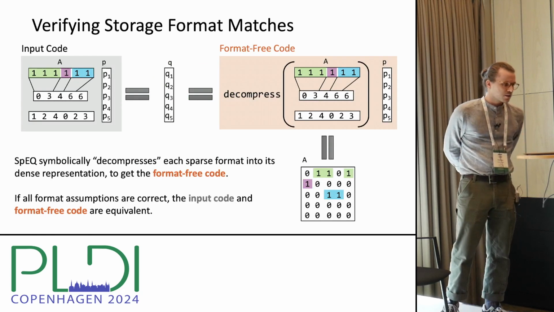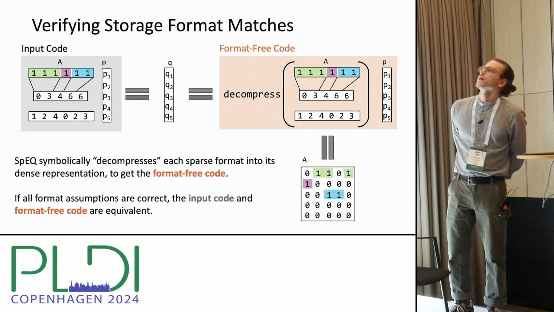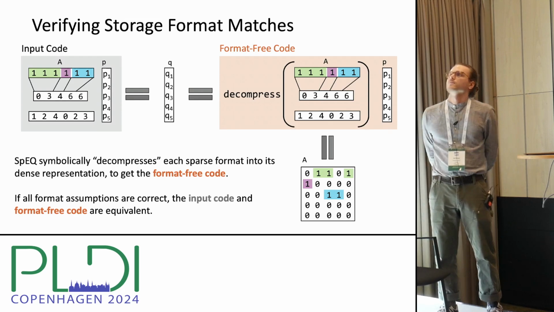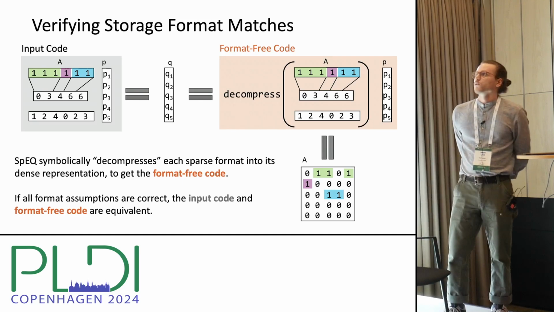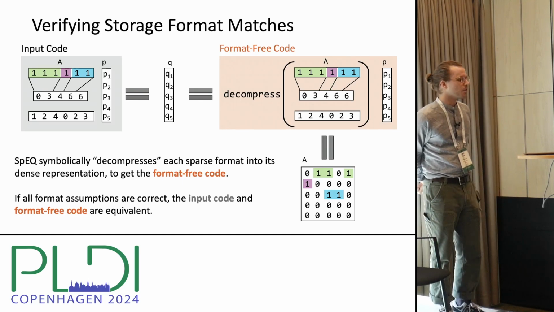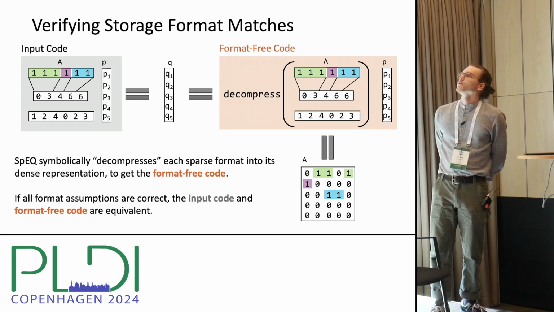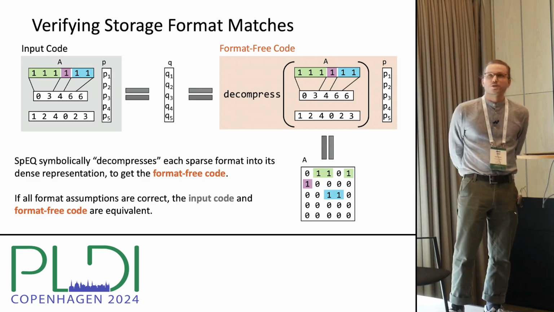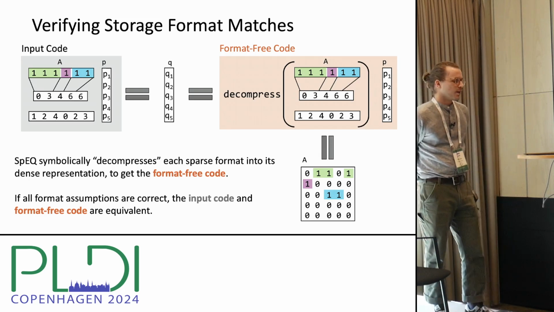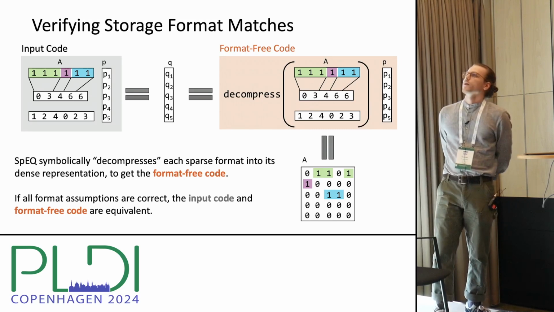So how it works is we have this input code, and it's operating on some sparse format, so in this case, CSR. And we have a guess that this is CSR, but we don't know for sure. So based off our knowledge of CSR, we can create a version of the input program that looks like it's operating densely.